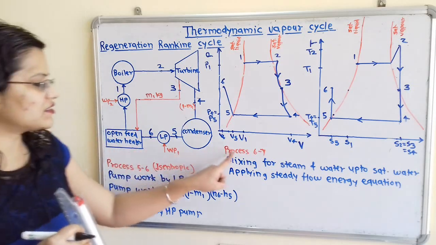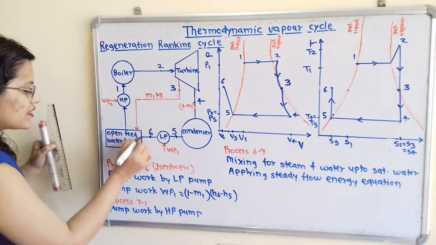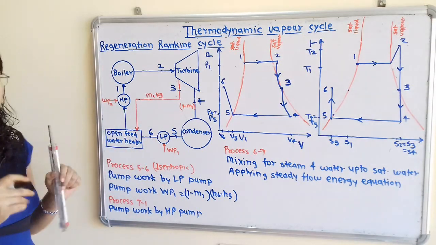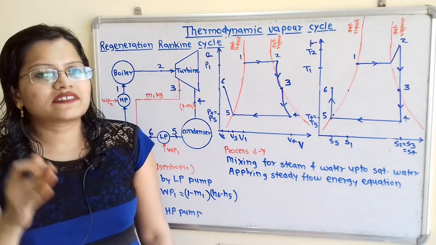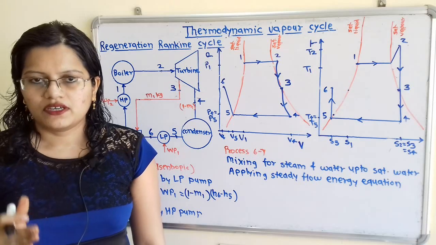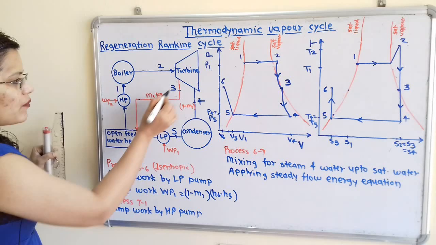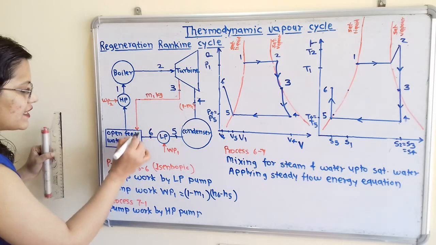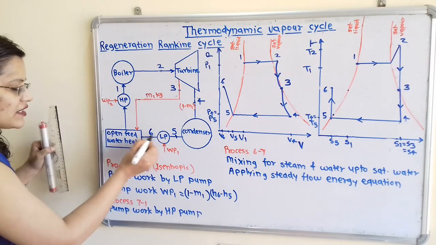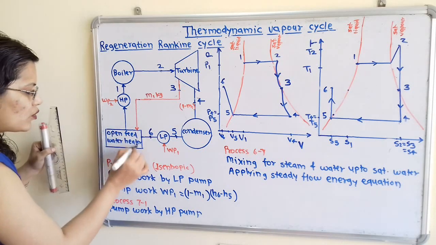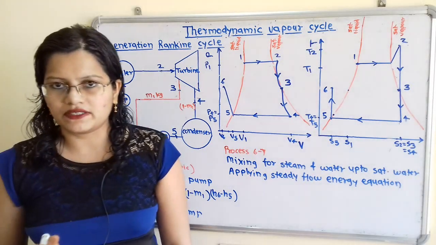So next process is the process 6 to 7. Here is the open feed water heater, and in this open feed water heater direct mixing process is taking place. So what is the direct mixing process? So here m kilogram of steam is entering inside this open feed water heater, and here the water is entering inside this open feed water heater, and here direct mixing process is taking place.